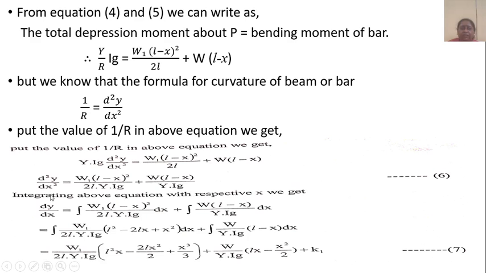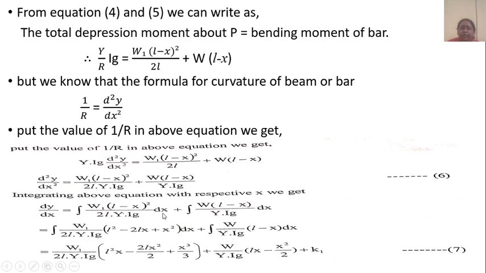So d2y by dx square equal to W1 into L minus x whole squared upon 2L Y into Ig, plus W into L minus x upon Y into Ig. So integrating the equation, we get dy by dx equal to integral of W1 into L minus x whole squared upon 2L Y into Ig dx, plus integral of W into L minus x upon Y into Ig dx.